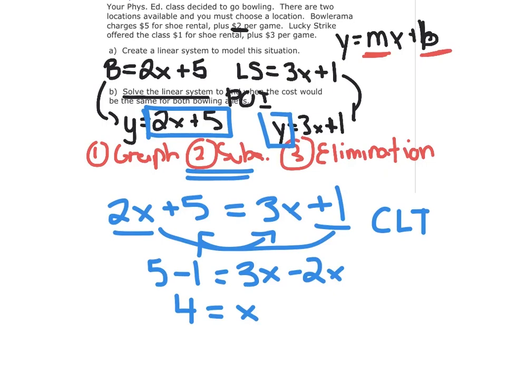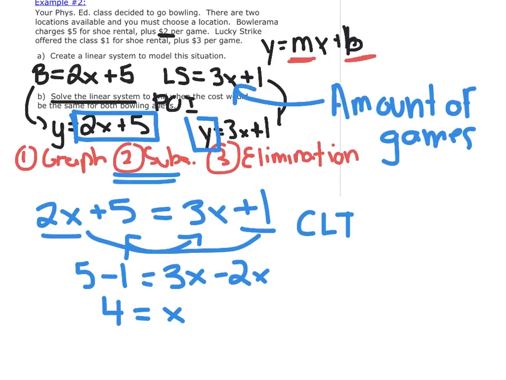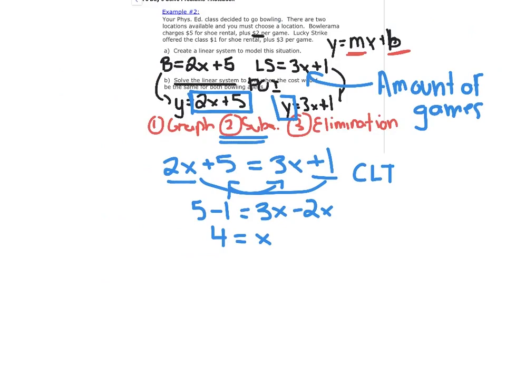So we know that x represents the amount of games when these two equations are equal to each other, which is 4.